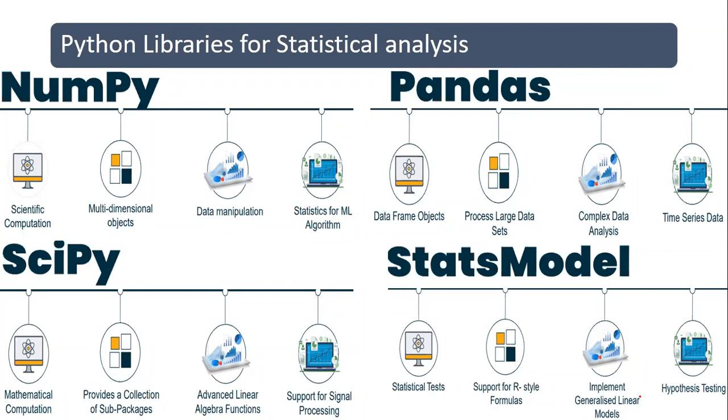Every time they incorporate a new package, a new library, they will come up with new or additional applications. Today in my demo, within the given time, I'll try to touch upon at least two of these libraries, NumPy, pandas, SciPy, and statsmodels.